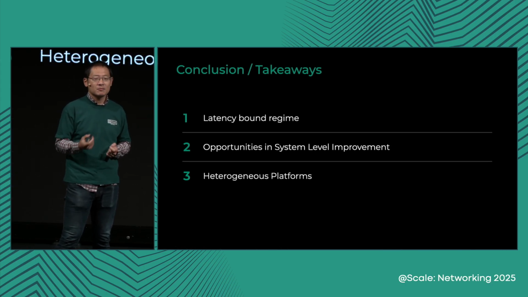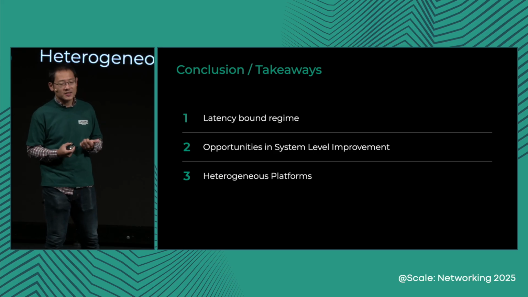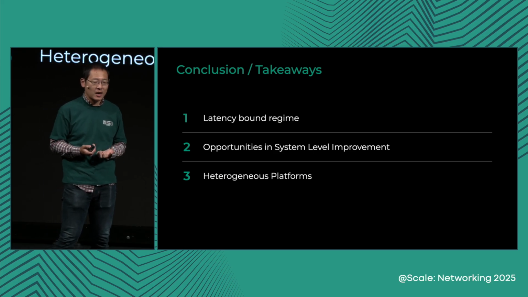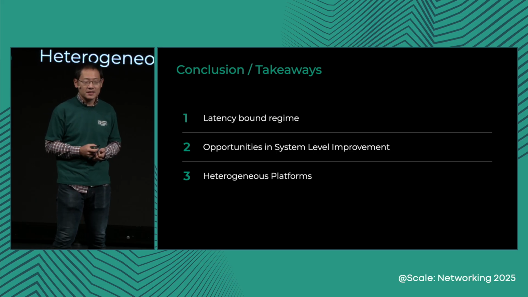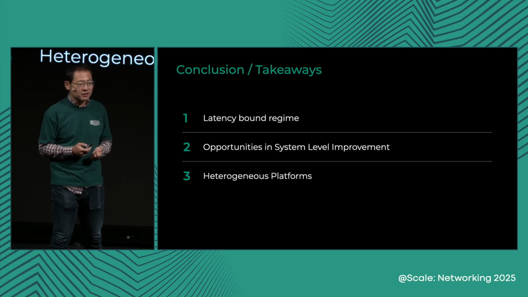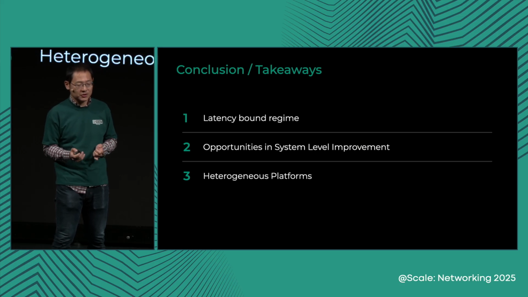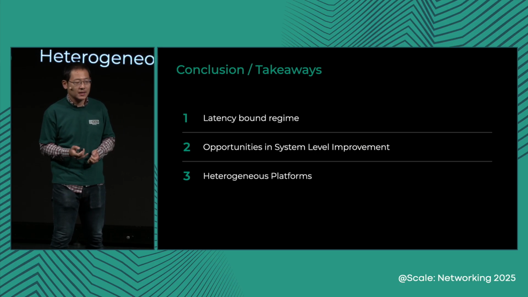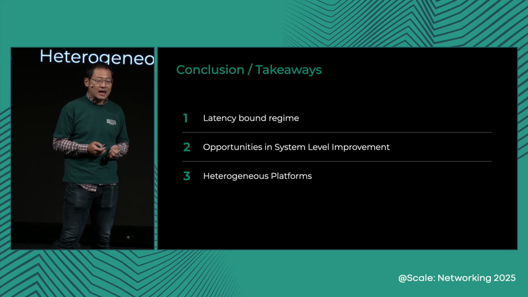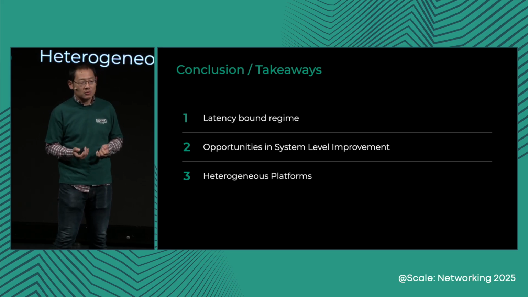All right. To summarize, we're using tensor parallel, context parallel, and expert parallel. Our takeaway is that LLM inference, large language model inference, is really important because it's operating in a latency bound region. We want to optimize the latency, which is critical for user experience. We're also seeing a lot of opportunities in system level improvements.